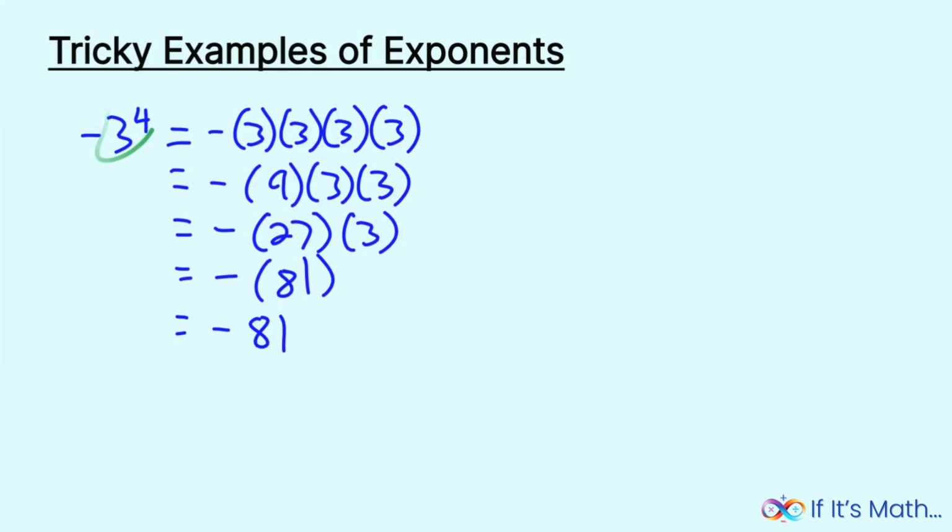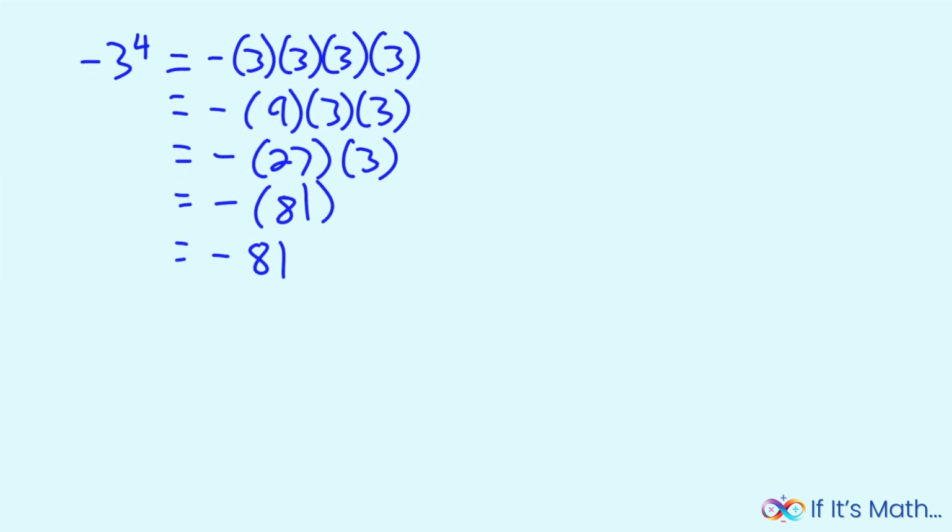So negative 3 to the fourth power is negative 81. So again, really pay attention to where those exponents are. So what if it had been negative 3 to the fourth power?